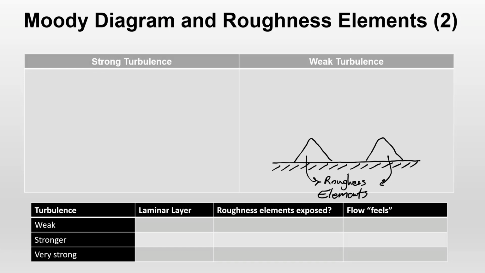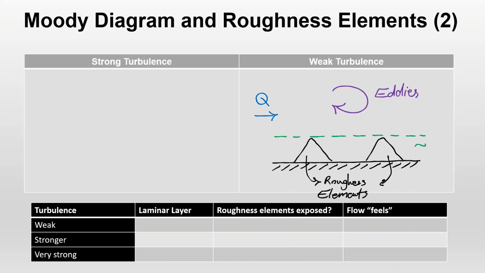Perfect. Now, whenever you have a weak turbulence, let's say that you have the flow rate over here and the flow rate is Q, and you have weak turbulence, and turbulence basically is indicated by eddies, so these are my eddies. Because these eddies are weak, the eddies cannot penetrate into the laminar layer, and basically these roughness elements are covered by the laminar layer.